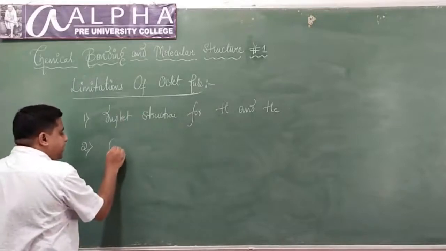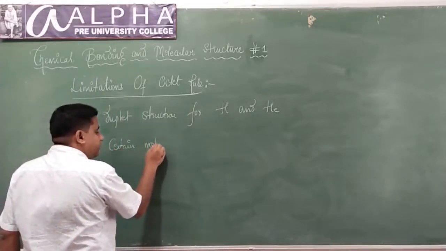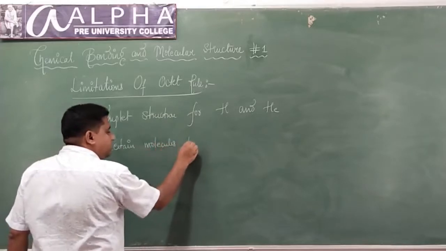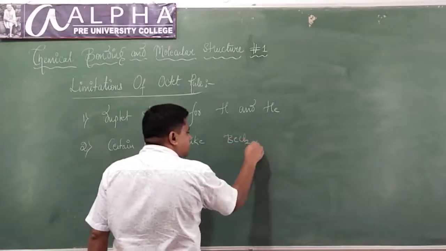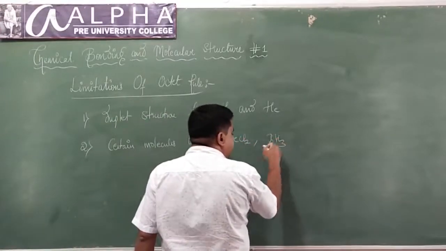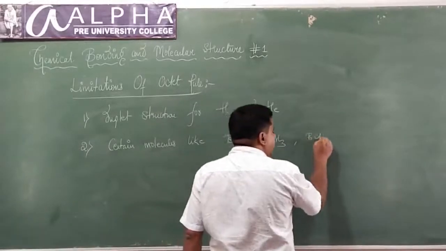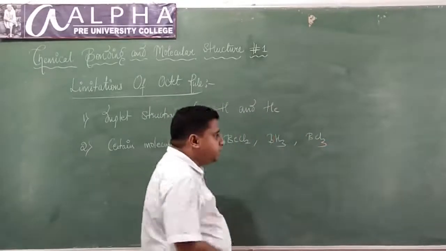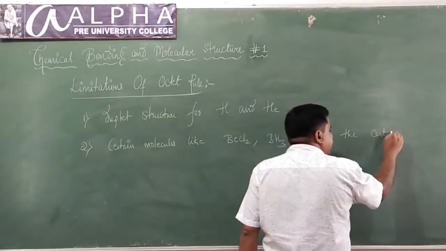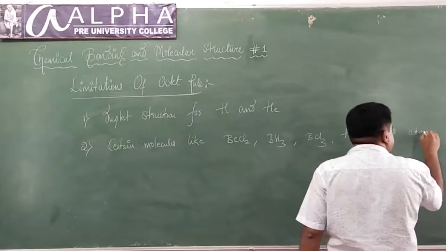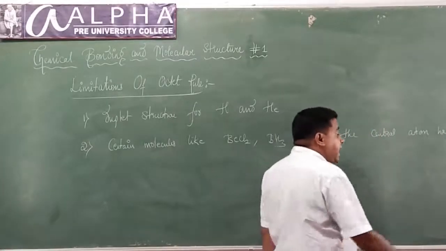In certain molecules, like beryllium chloride, and boron compounds like BH3, boron trifluoride or boron trichloride, the central atom has less than 8 electrons.